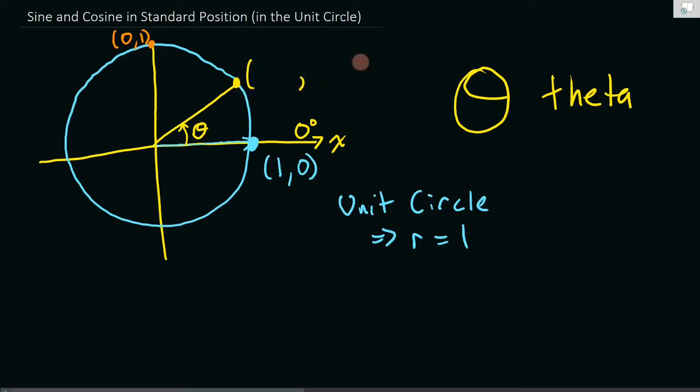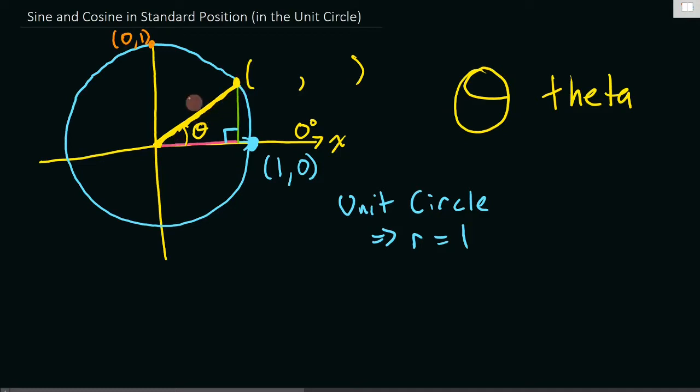This brings us to the definition of sine and cosine in the unit circle. We are going to define cosine and sine in terms of a right angle triangle that we're going to construct up to this terminal arm. Because it's a unit circle, this goes from the middle of the circle right to the edge of the circle.